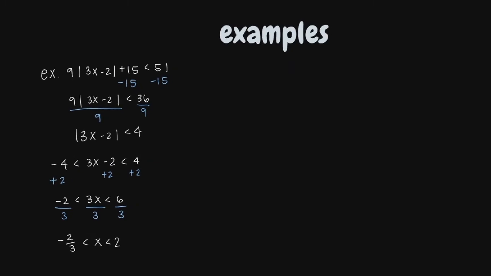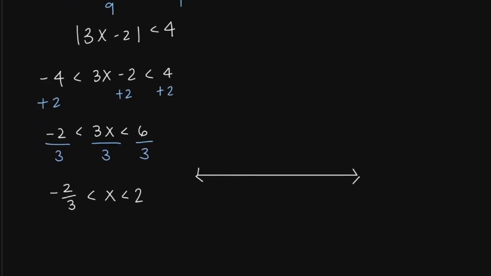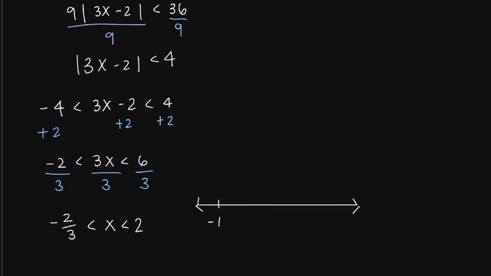Okay, and then for my number line, I kind of ran out of space, but it's okay. I have to include negative 1, since negative 2/3 is between negative 1 and 0. So 0, 1, 2, 3, 4.